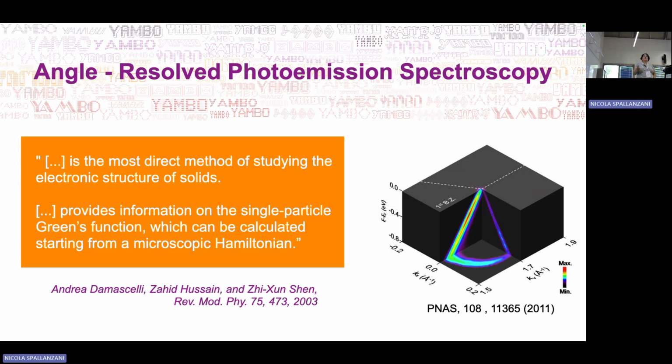So it's the most direct method of studying electronic structure of solids, and provides information of the single-particle Green's function, which can be calculated starting from a microscopic Hamiltonian. So this is the experimental counterpart of the GW calculation. So we will often compare our results with angle-resolved photoemission.